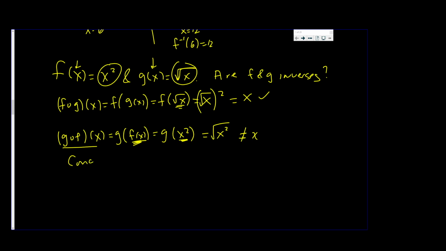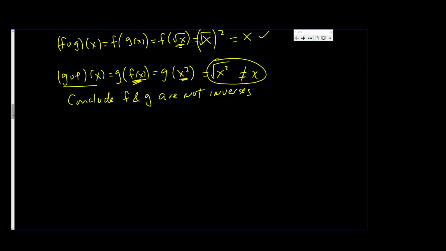So we conclude f and g are not inverses. Now, of course, some of you are saying, of course, the square root of x squared is x. That's nonsense. Suppose that x is -7.